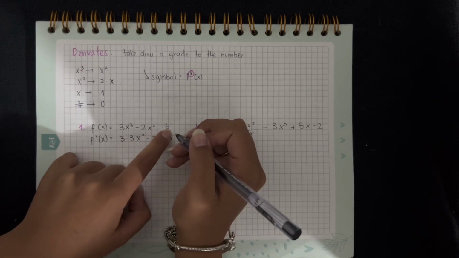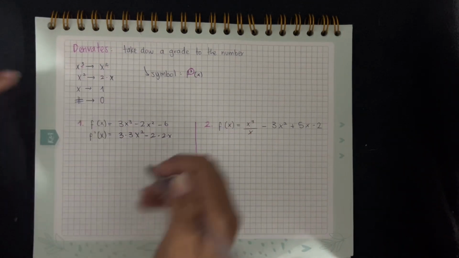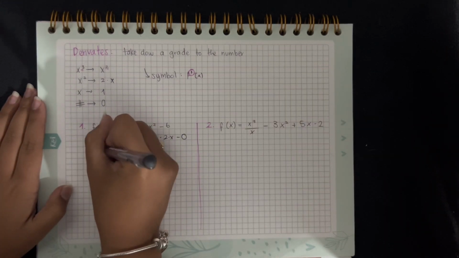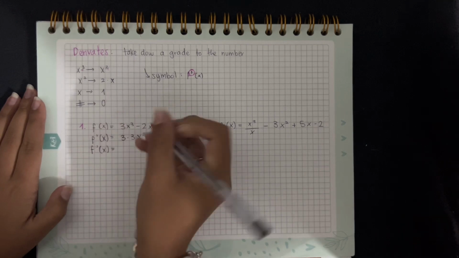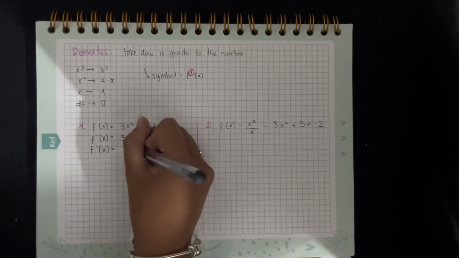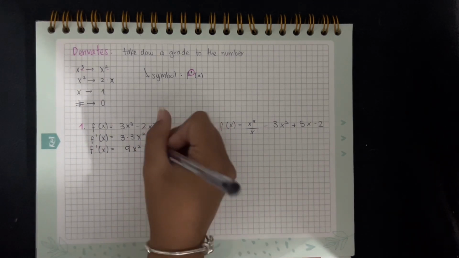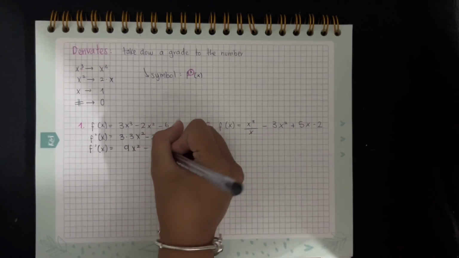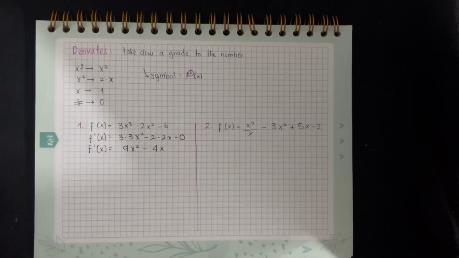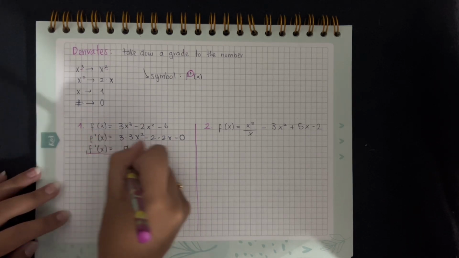As it is a normal number without any unknown values next to it, it will become a 0, so minus 0. Three times 3 is 9, so 9x² minus 2 times 2, which is 4x. And the 0, as it is a 0, we do not write it, and we leave our derivative like this.